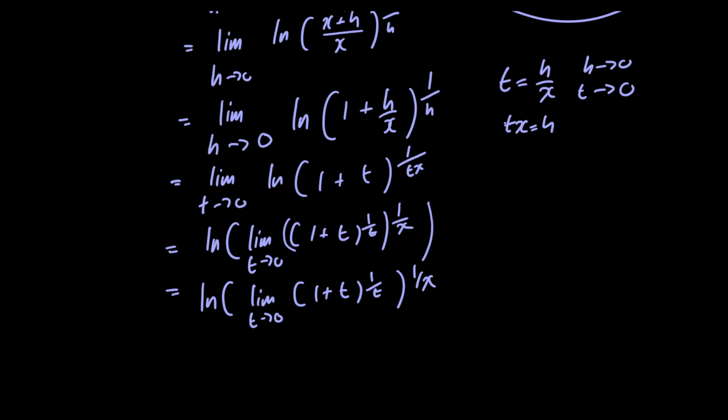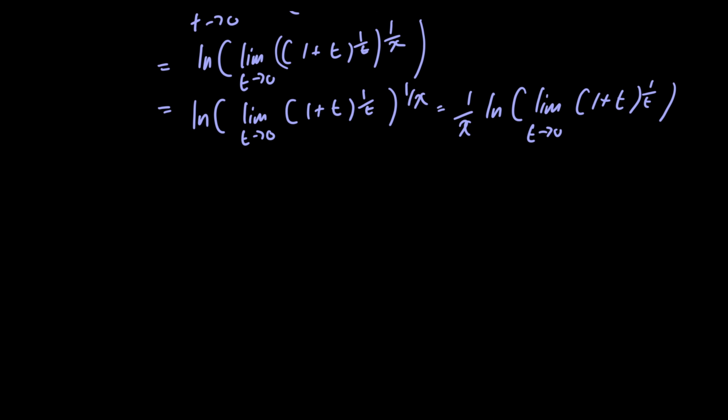And we can use the rule that we used above and bring the power down to the front right here. So we have 1 over x multiplied by the natural logarithm of the limit as t goes to 0 of 1 plus t raised to 1 over t. Now the only thing left to do is evaluate the limit.